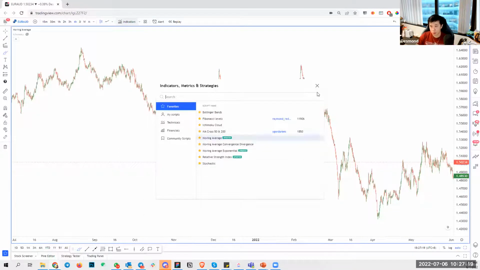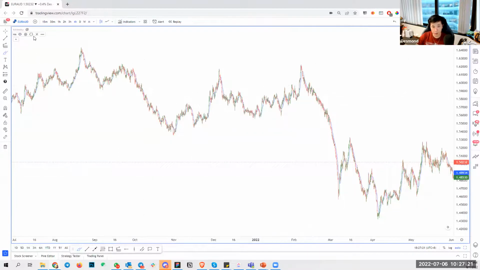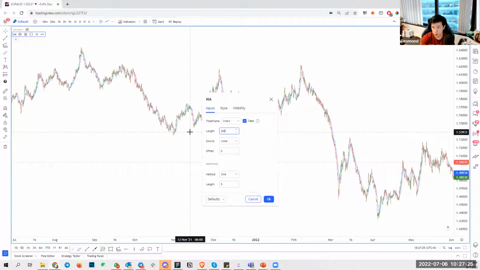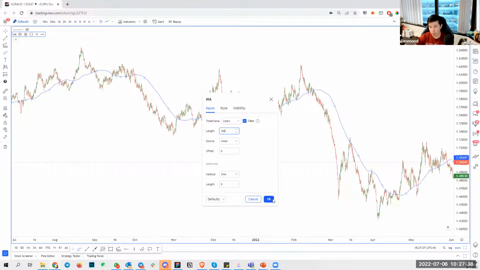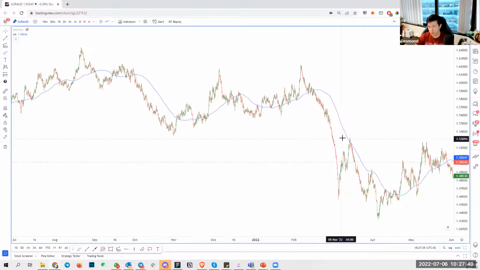Indicator, right? We're going to throw a moving average, and we are going to maybe tweak this to 200. Okay, look at this. 100 moving average.